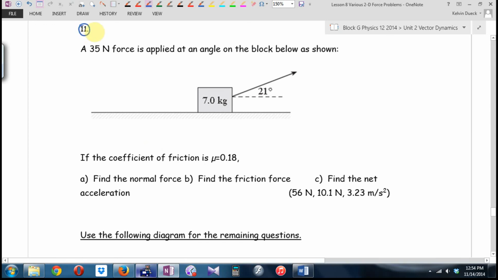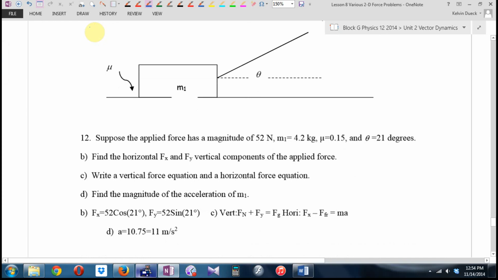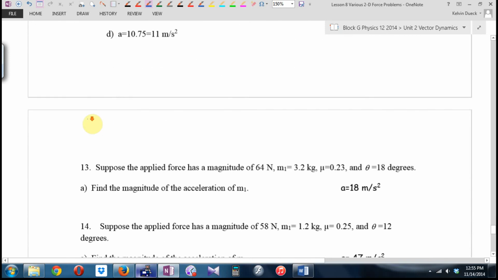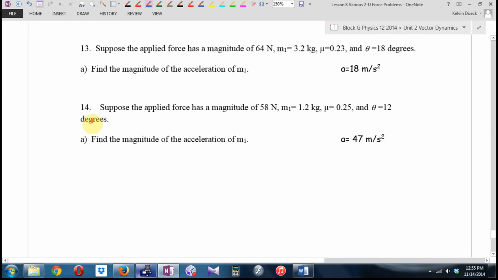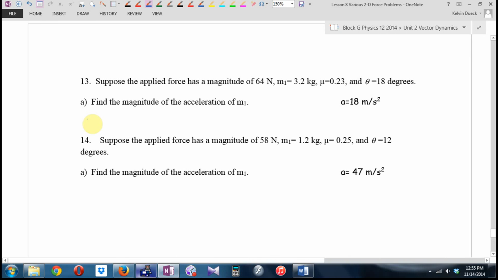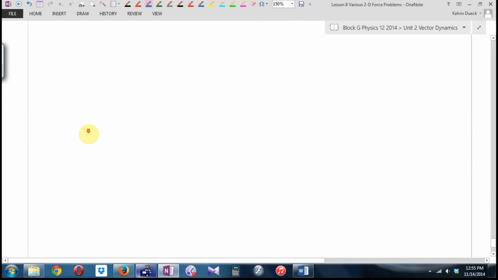Number 11. 12. I'll go 13. You can skip 14. I figure if you do 3 of those, you'll get the hang of it. Okay.